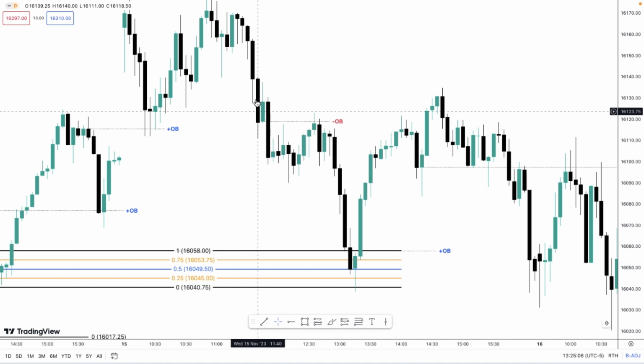Therefore, when price is delivering sell side price delivery, when it gets disturbed by this green candle, as soon as it trades below the opening price, that becomes a change in the state of delivery. So it automatically becomes a bearish order block. An order block is simply a change in the state of delivery. It is nothing more than that.